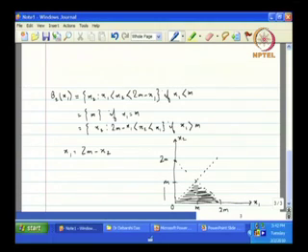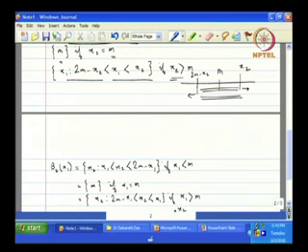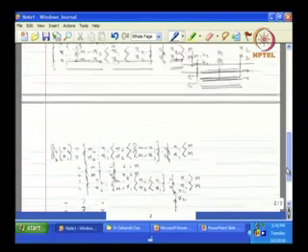If x2 is equal to m, I have got x1 is equal to m. So, I pick up this point on the best response function, and if x2 is greater than m, this is the case, then x1 should be less than x2.